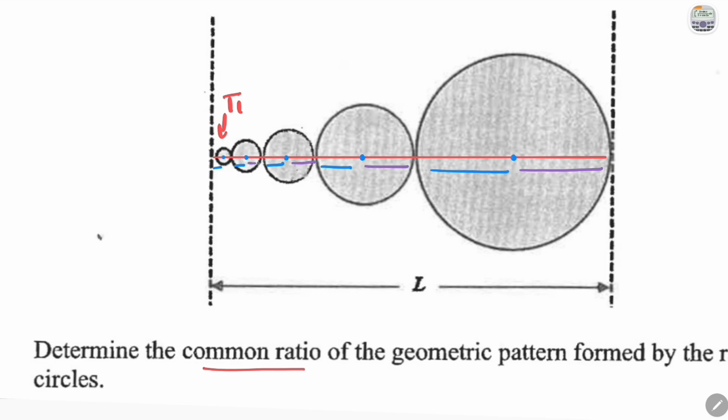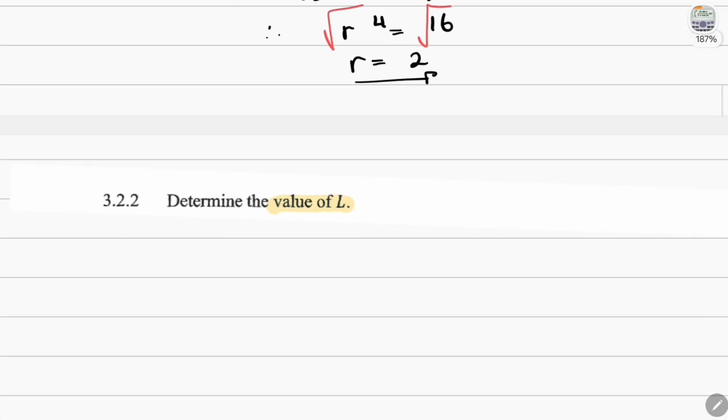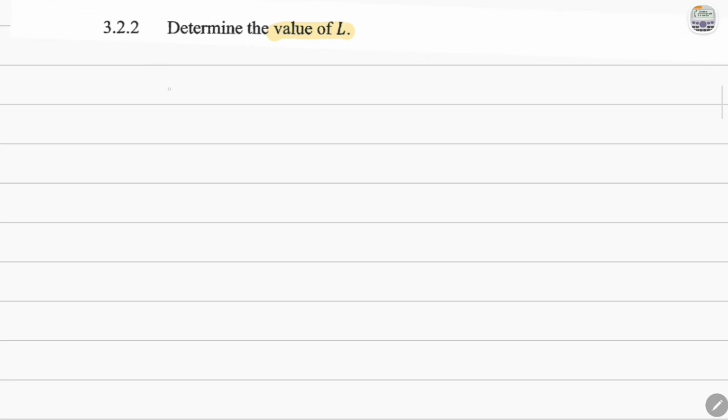So really just adding the sum of the diameters. So find the sum of the radii and then just multiply it by 2 so that you can also include that second part, okay? Because they want the full length of this line, which is the sum of the diameters of all the circles.